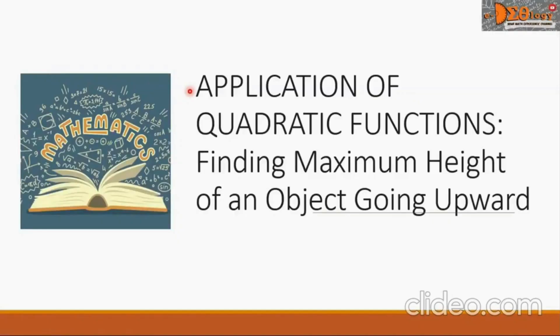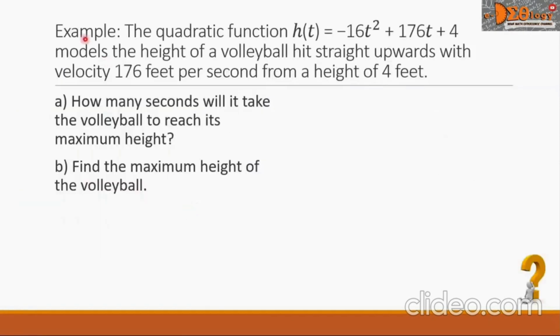Today we're going to study application of quadratic functions. Let us have this example. The quadratic function h of t equals negative 16t squared plus 176t plus 4 models the height of a volleyball hit straight upwards with velocity 176 feet per second from a height of 4 feet.